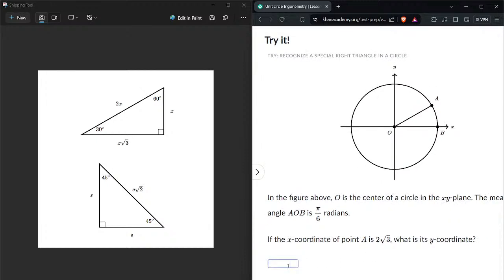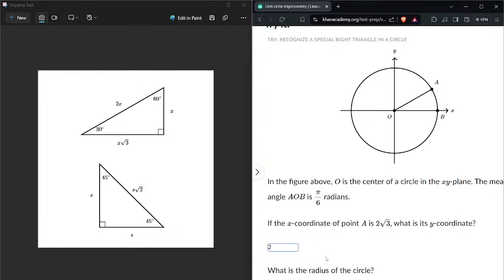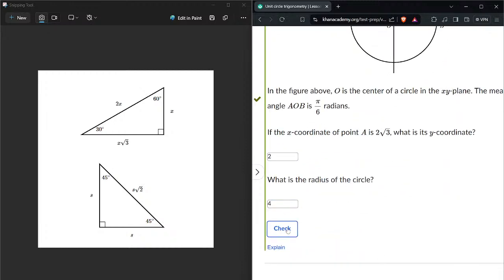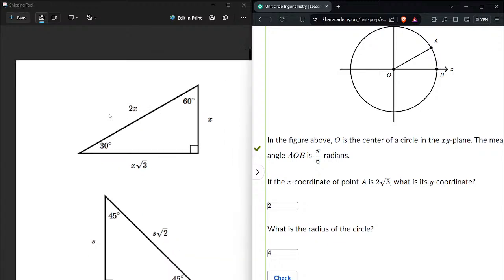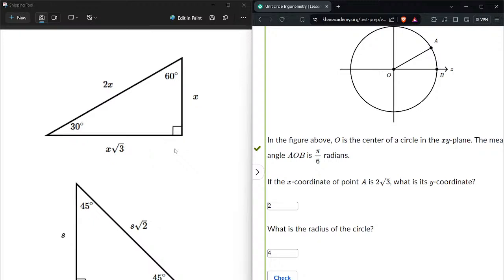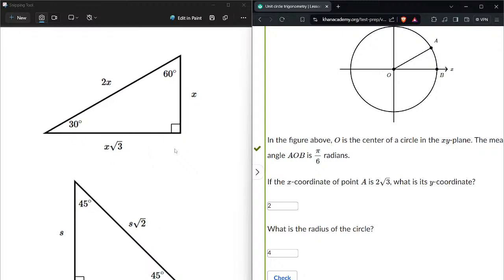Oh, the y coordinate is 2. The radius of the circle will be 4. So I need to memorize this. There you go. I'm not completely clueless.